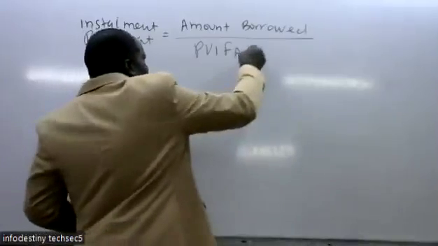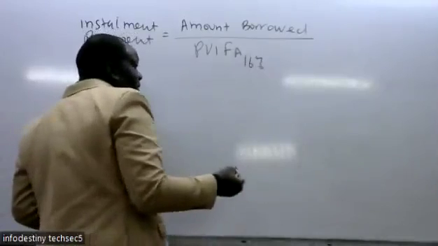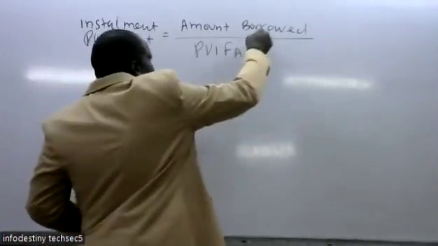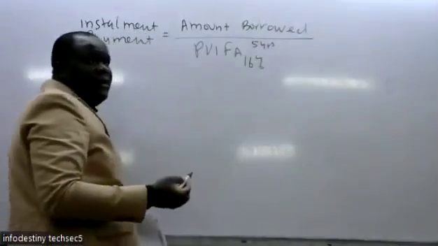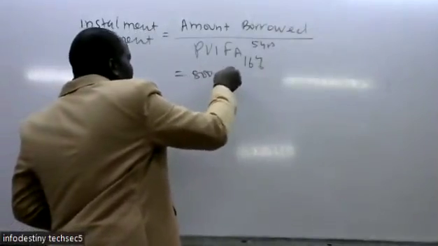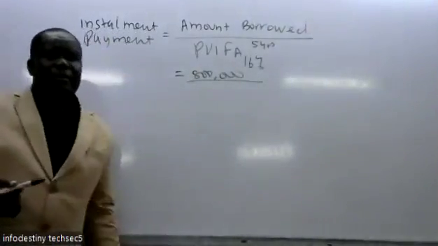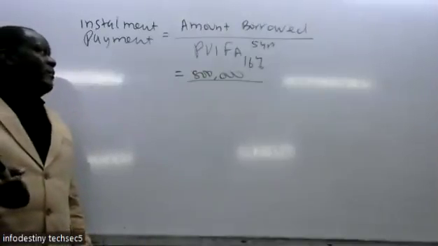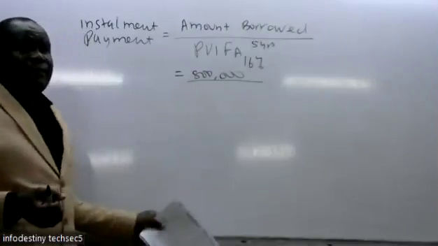The interest rate is what percent? Is it 16%? For how many years? It was 5 years. The amount borrowed was 800,000. Then confirm in the table what is 16% in year 5.